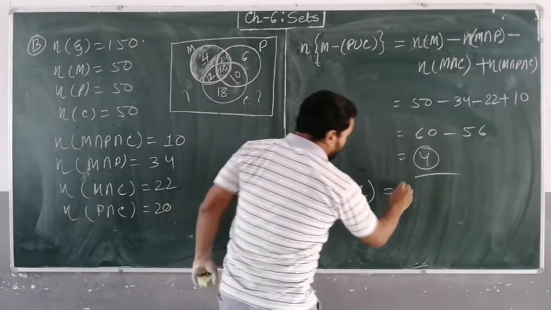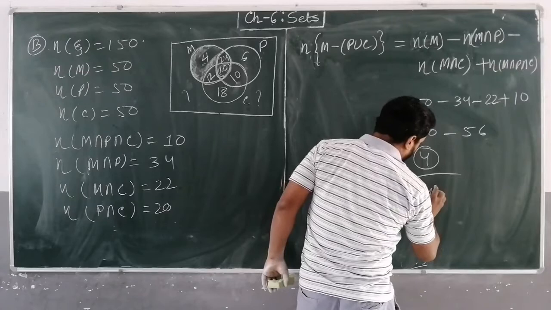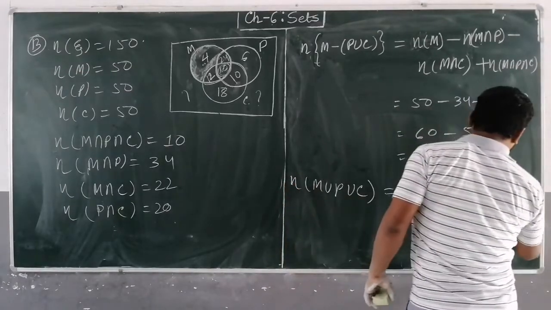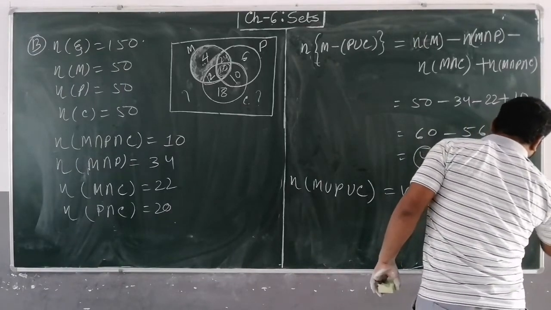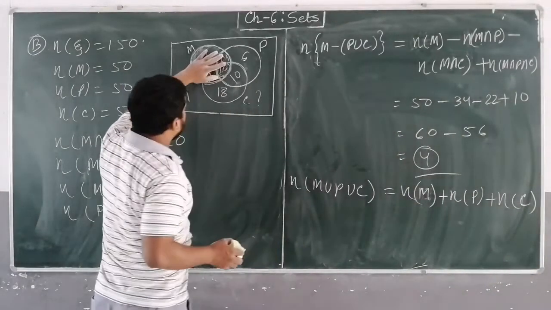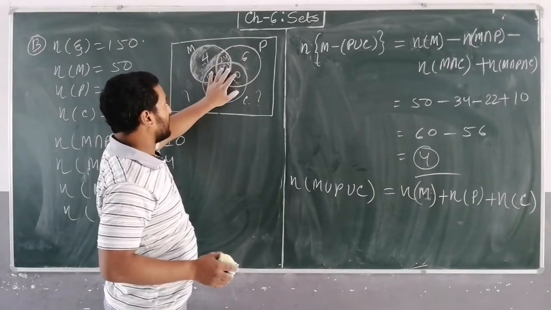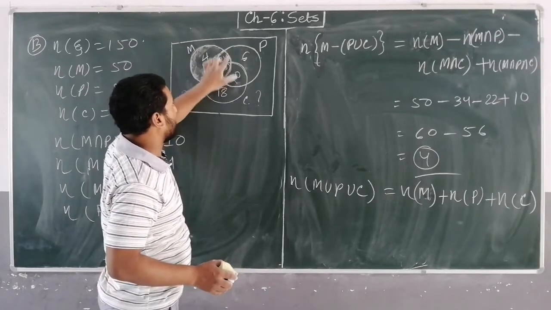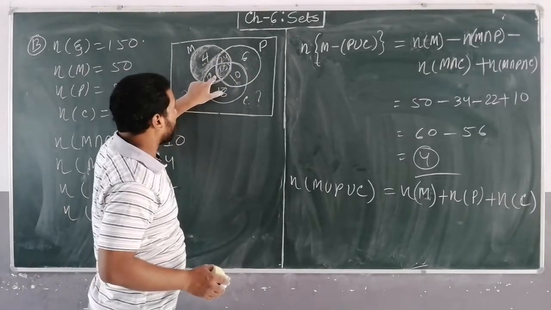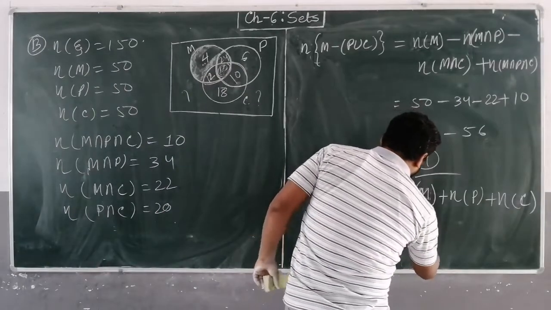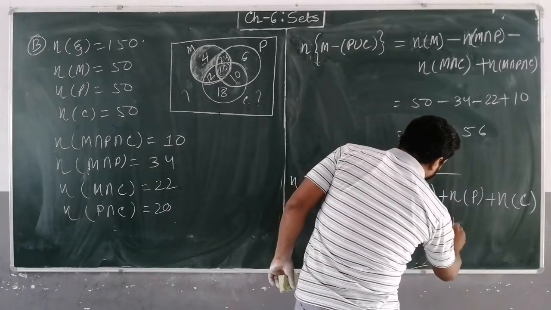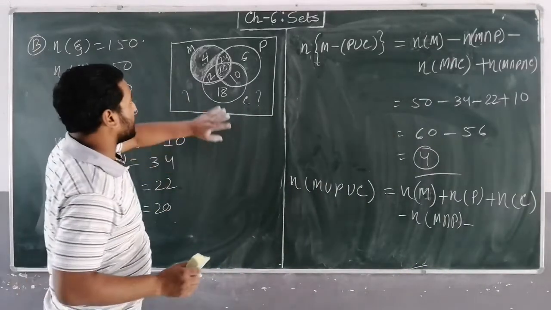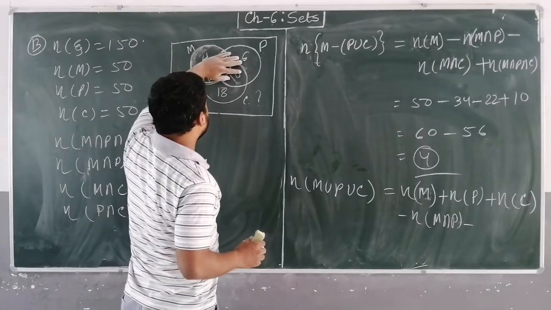At first write n of M plus n of P plus n of C. Okay. n of M, n of P, n of C. But when you have taken n of M, then n of P you are taking, so this part is coming 2 times. Clear? Okay. So subtract 1 time, so minus n of M intersection P. Okay. Now when you are taking n of P and C, so we have subtracted.